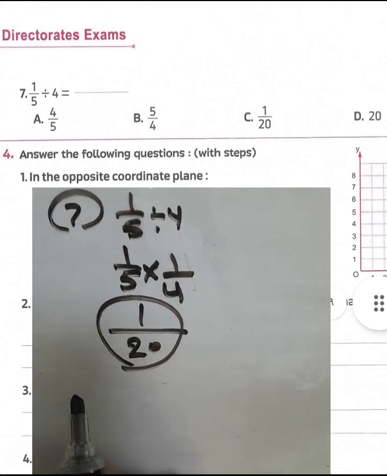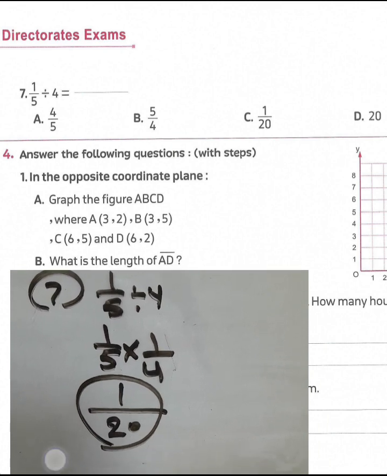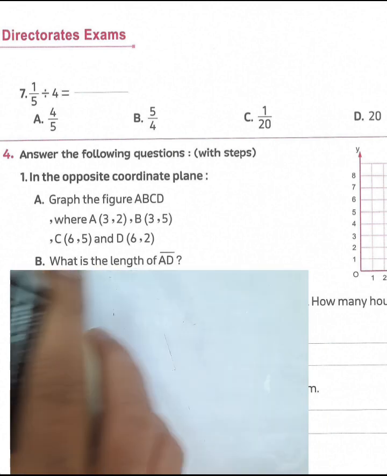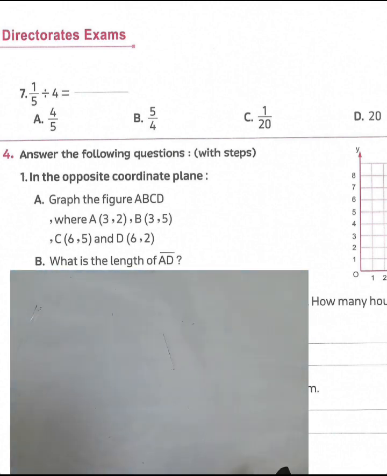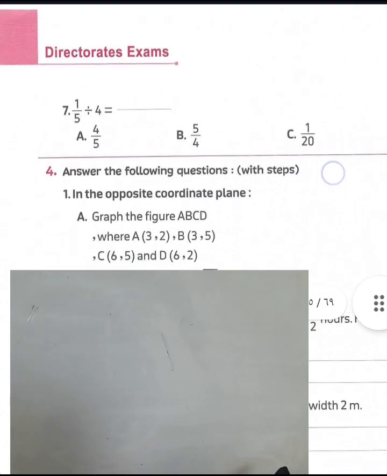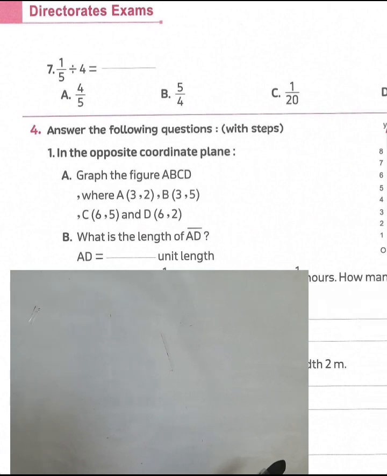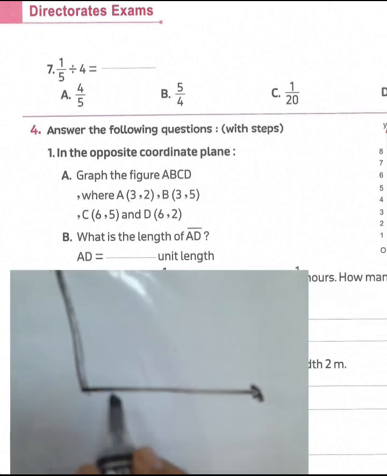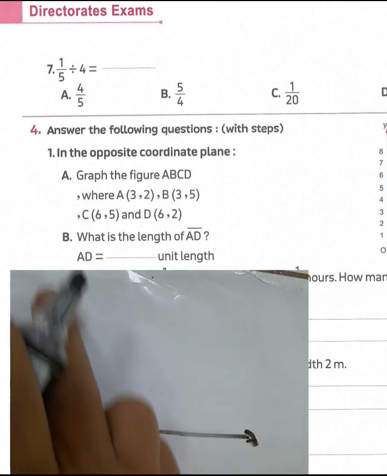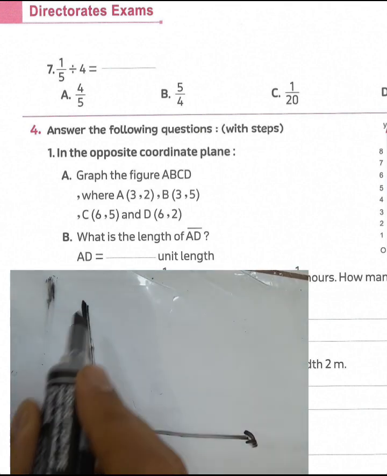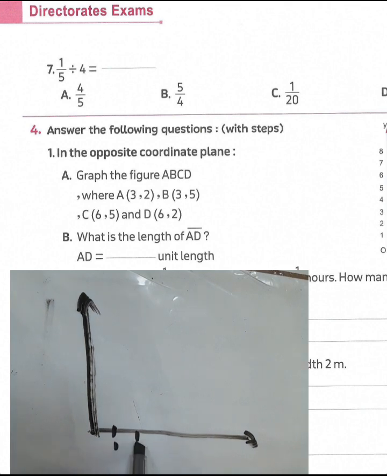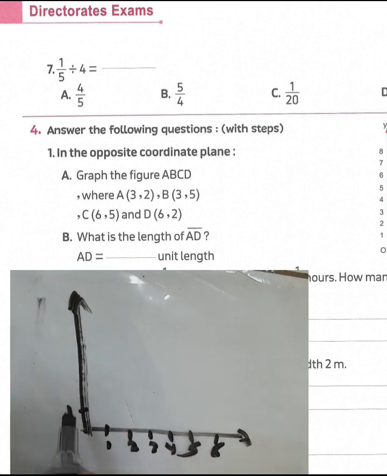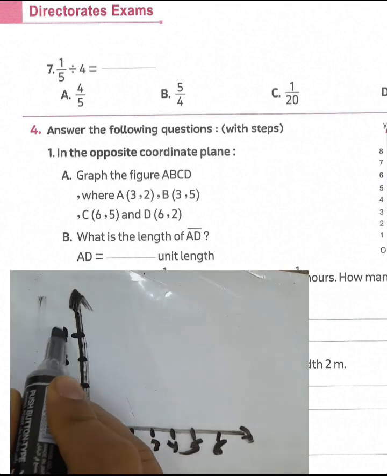Question here is: answer the following. In the opposite coordinate plane, graph the figure ABCD. Here he gives us points A and B and C and D. Okay, I will draw the coordinate plane here. 1, 2, 3, 4, 5, 6. 1, 2, 3, 4, and 5.